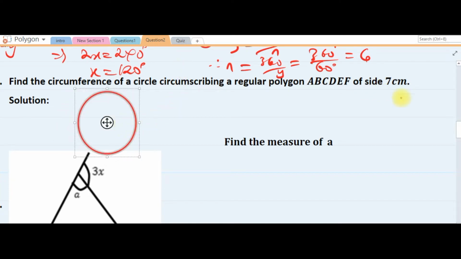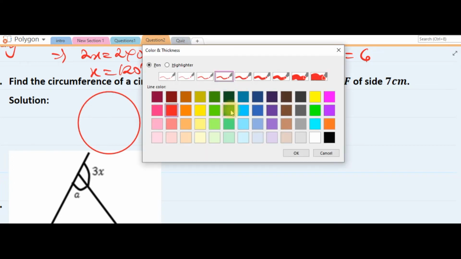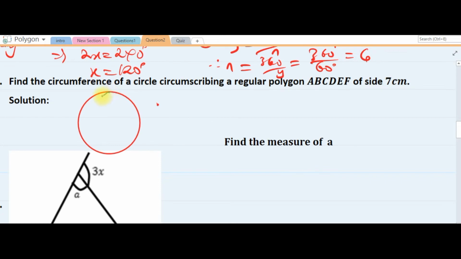So the polygon 1, 2, 3, 4, 5, 6 is a six-sided polygon. So it's a hexagon. So let's draw a hexagon. So this is just a sketch that I tried. So this is the hexagon.